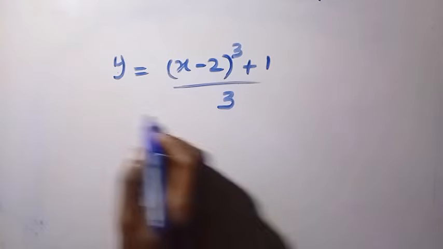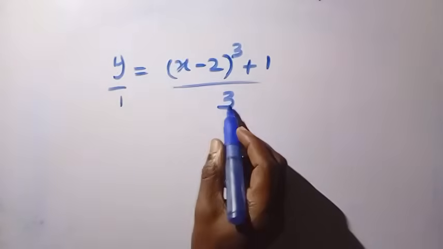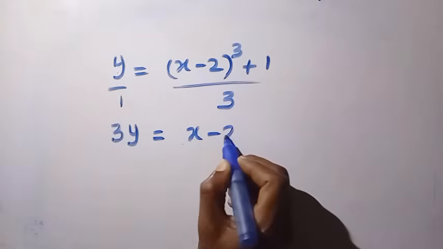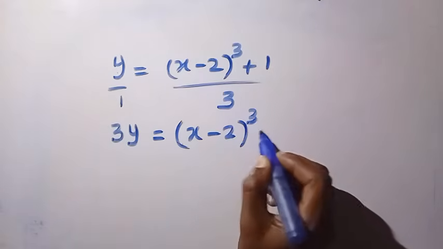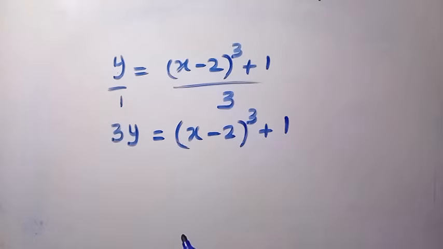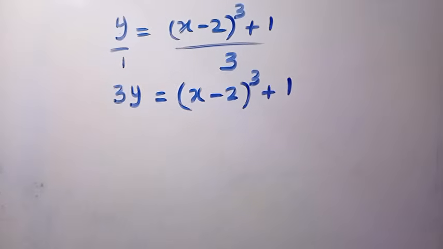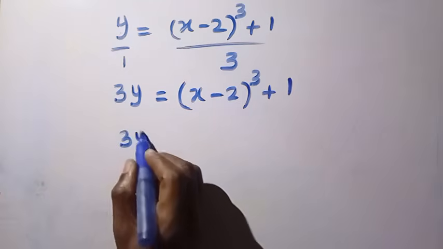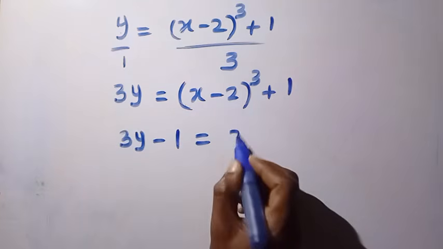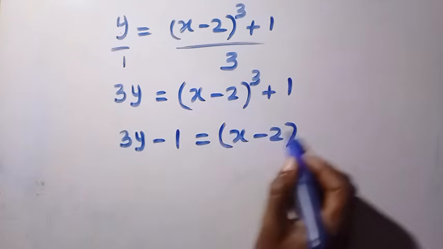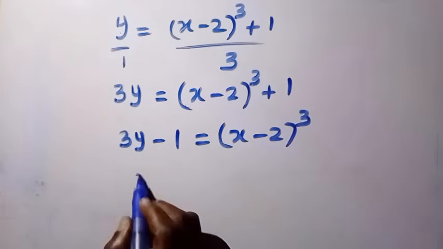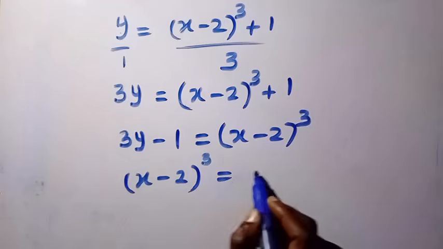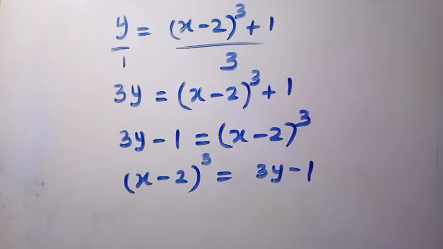So the first thing we do here is cross multiply. 3 multiplied by y, that is 3y, equals x minus 2 raised to the power of 3 plus 1. And then, if I take 1 to this side, we have 3y minus 1 equals x minus 2 raised to the power of 3, or simply x minus 2 raised to the power of 3 equals 3y minus 1.